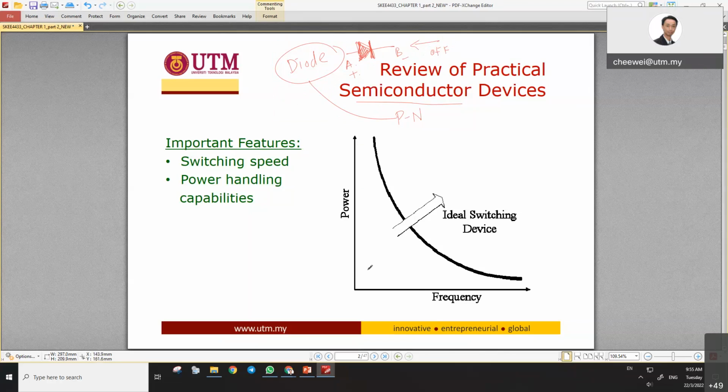Looking at this graph, the ideal switching device will be expanding this side. What does it mean by expanding that side? Increase of frequency and increase of power application. We want large power and high frequency operation. It should be able to handle high power.